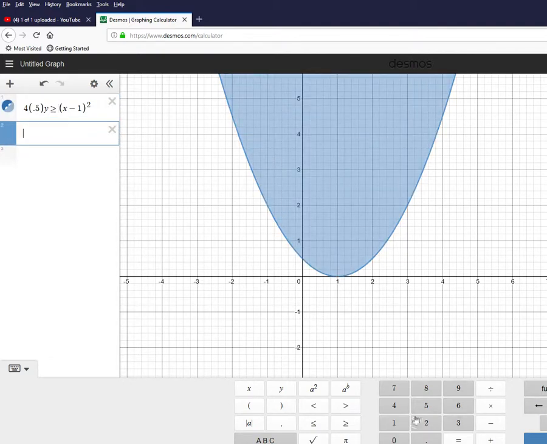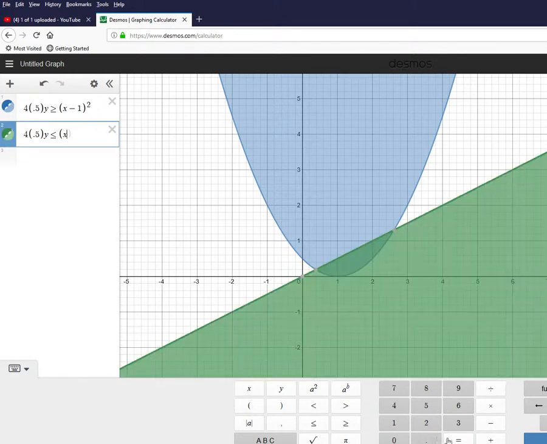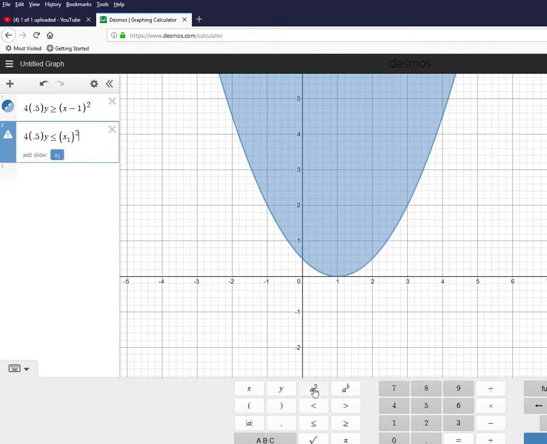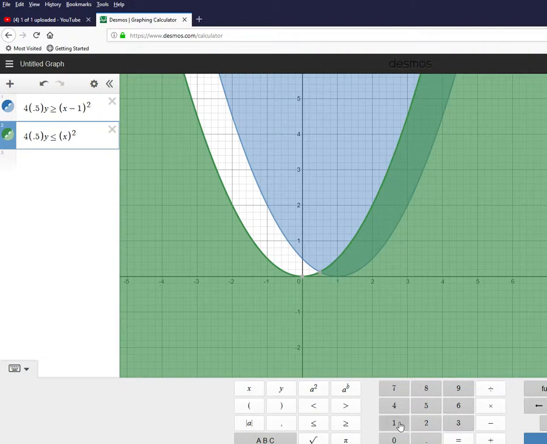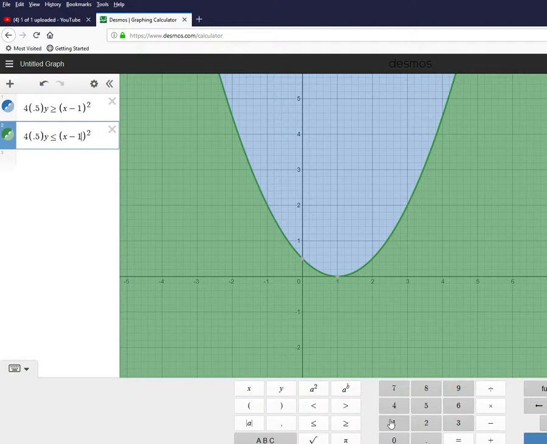What if I made 4cy less than that? Oop, I don't want that, I want minus 1. So greater than is the blue, less than is the green. So when we have a vertical parabola facing up, greater than is inside, less than is outside.